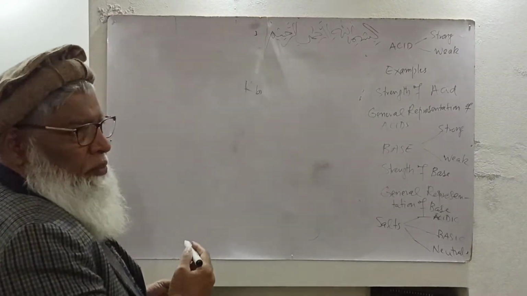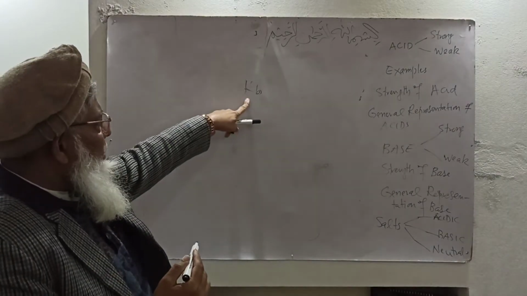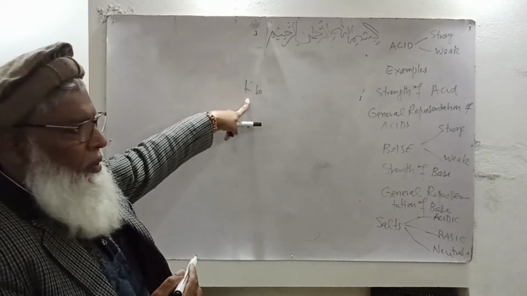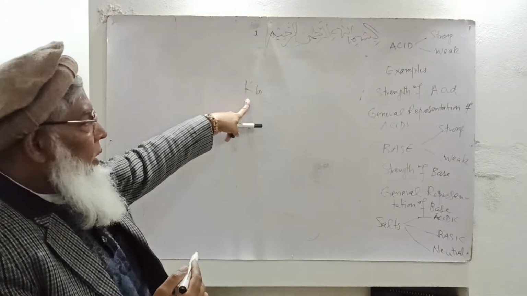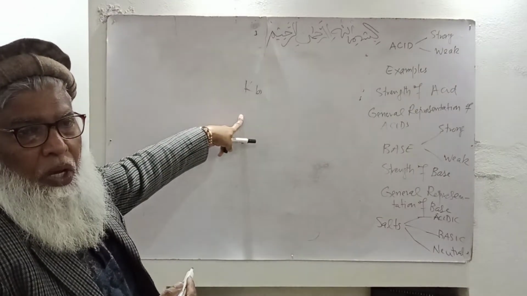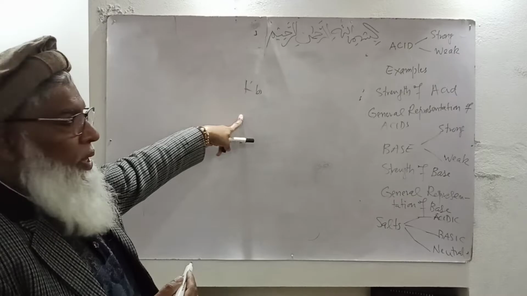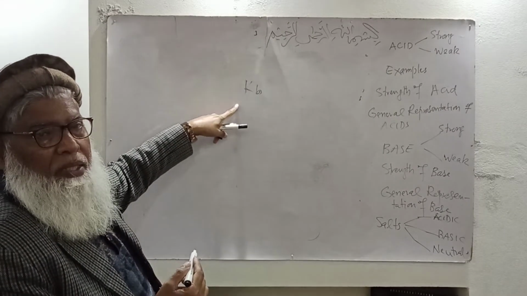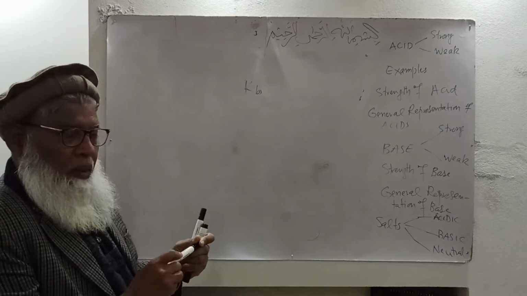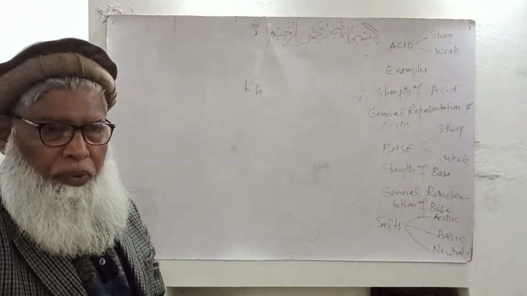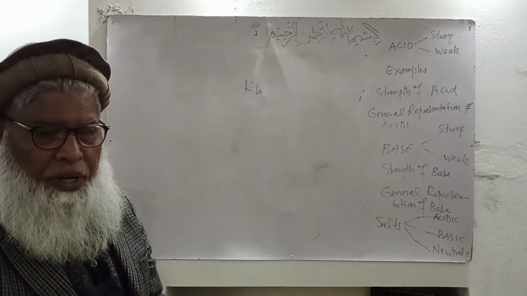The greater the Kb value, that is the ionization constant of the base, the stronger the base. The lesser the pKb value, the stronger the base. The greater the pKb value, the weaker the base. Ka and Kb are inversely related to each other.